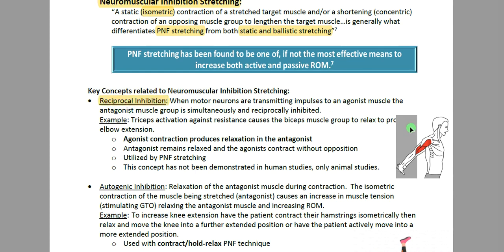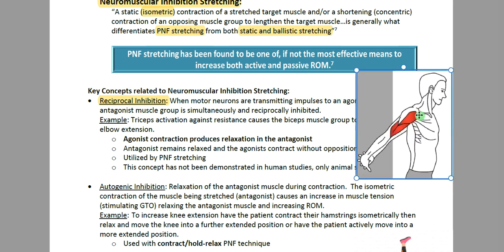And so, let me give you this example here. If we're stretching, let's just say the biceps, so the shoulder is in an extended position. In order to stretch the biceps while in this position, the biceps still might be contracting a little bit and trying to perform elbow and shoulder flexion to basically contract against the stretch, to not allow the biceps to be stretched.